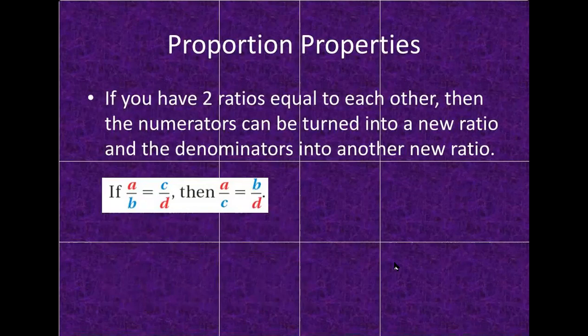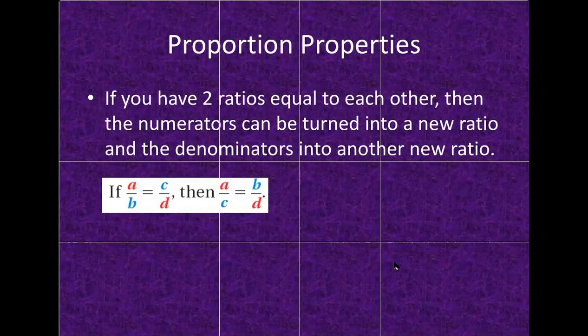The second one is the proportions property. If you have two ratios equal to each other, then the numerators can be turned into a new ratio and the denominators into another new ratio.